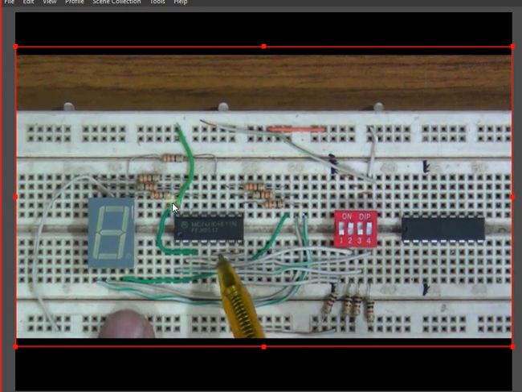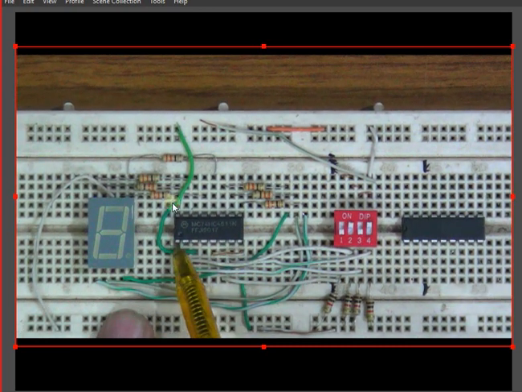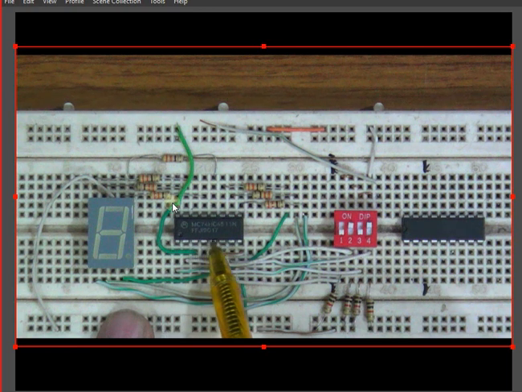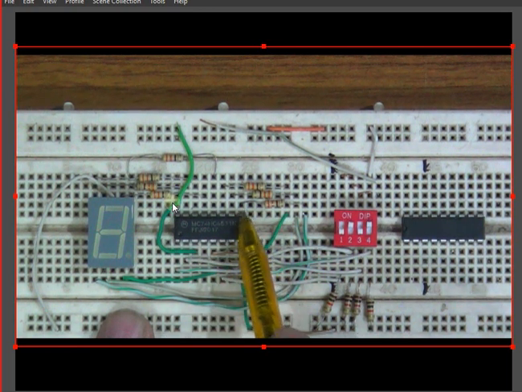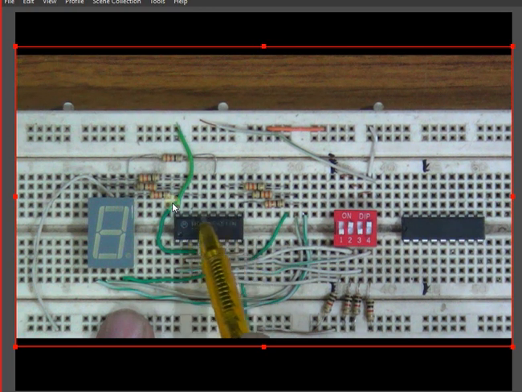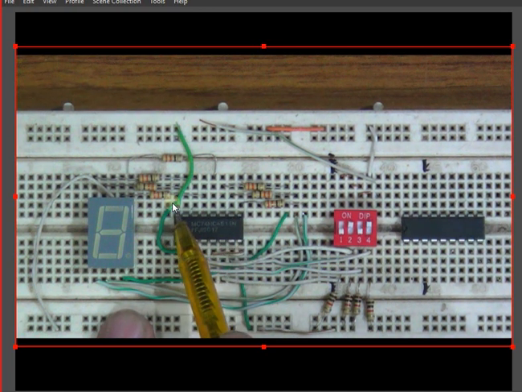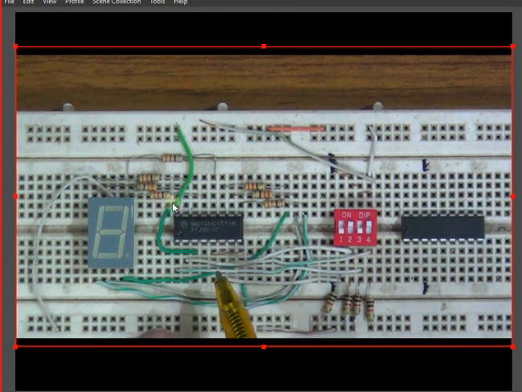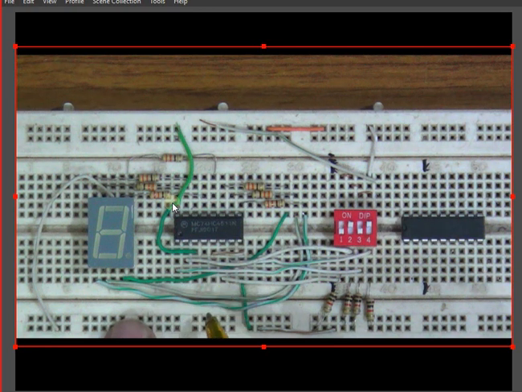I have placed this on a breadboard. This is pin number 1 where my ballpoint is at present. 1, 2, 3, 4, 5, 6, 7, 8, and then you go on the top. This is 9, 10, and you come down to 16. So whenever you have a DIP IC and you want to find out the starting pin number 1, place the IC name towards you.